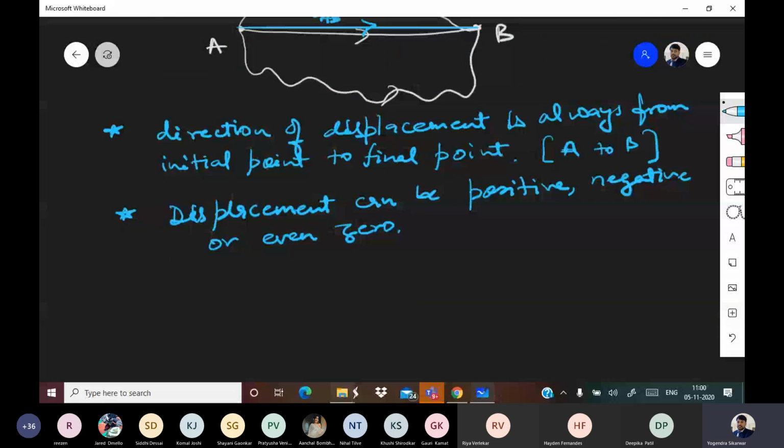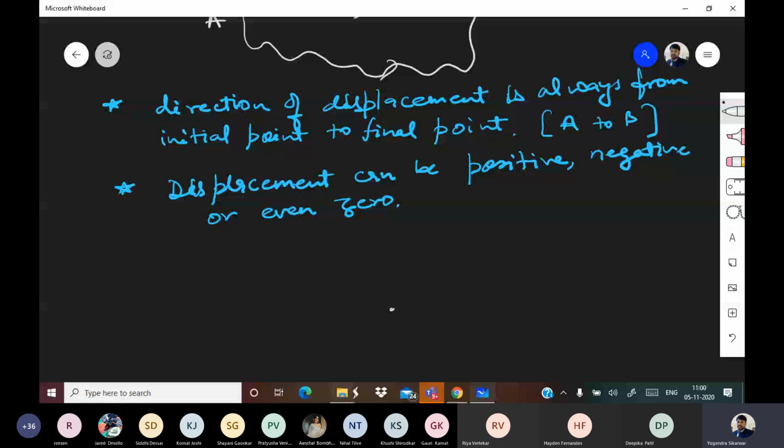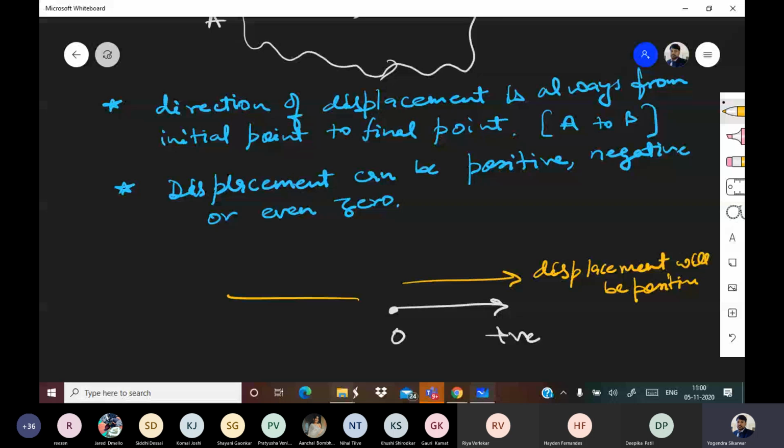Suppose an object is here at point O, and this direction is taken as positive. That means the right side is taken as positive. So if the object moves in the right direction, displacement will be positive. But if the object moves in this direction, displacement will be negative.